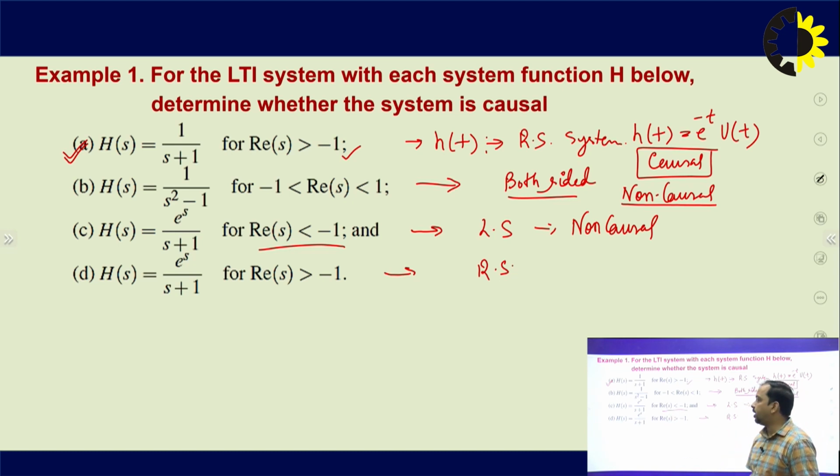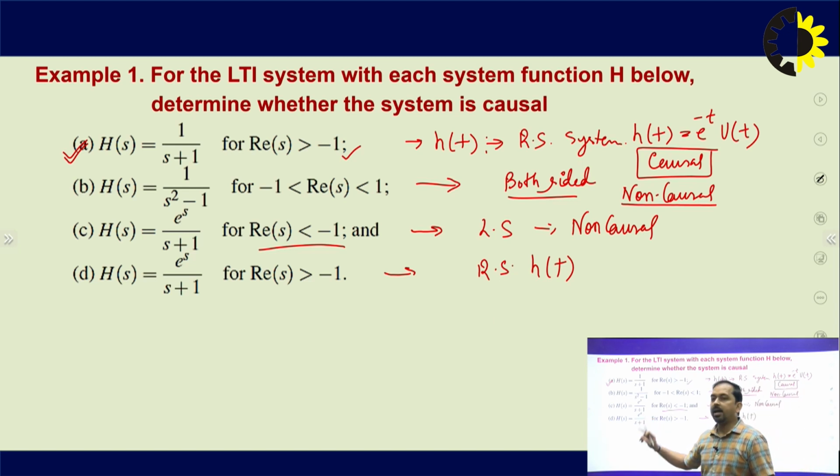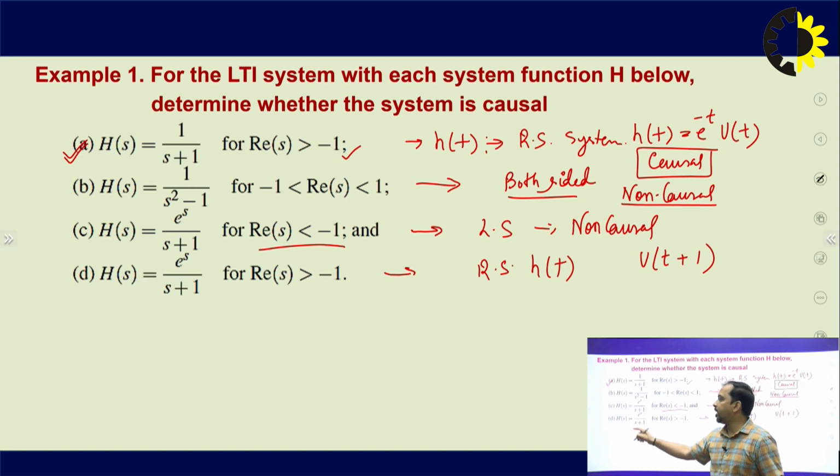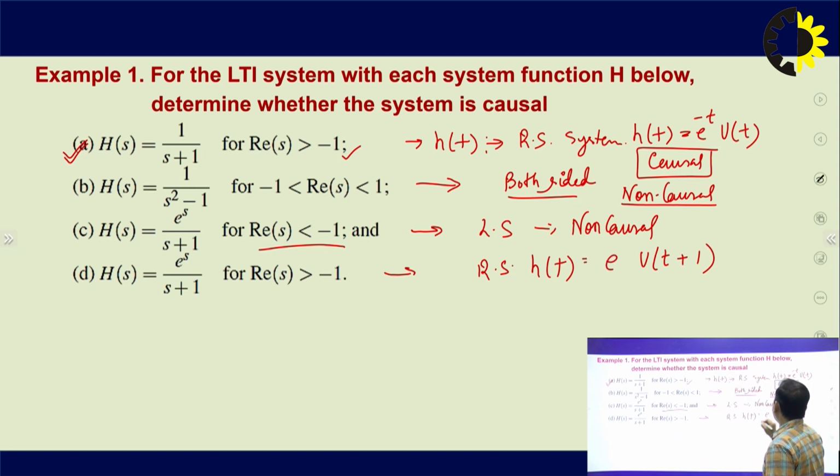Similarly, e raised to power s divided by s plus 1, where real part of s is greater than minus 1. We can calculate h(t) directly. First we have 1 by s, which gives a u(t) type. After that, we have the shift e raised to power s naught t, so this is u(t plus 1), and because of the shifting in the s domain, we have e raised to power minus s naught t, where s naught is 1 here.